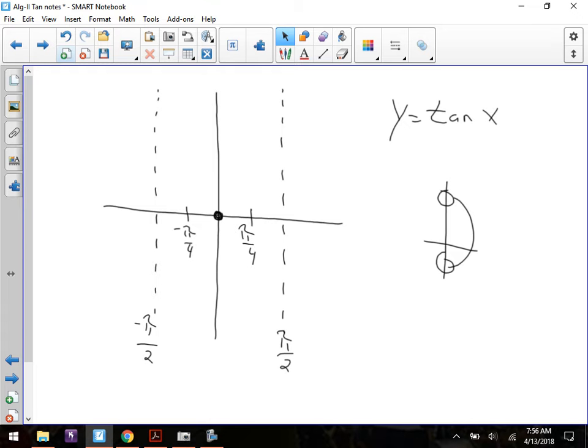Did I say pi over 2? I'm sorry, I meant pi over 4, excuse me. So what's the tangent at pi over 4? 1. And what's tangent at negative pi over 4? Negative 1. And you get tangent graphs. Okay.